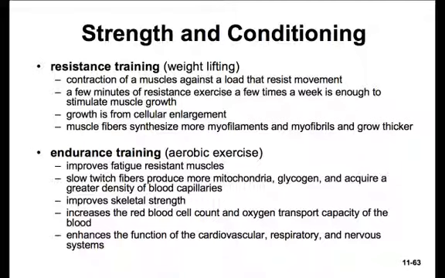Endurance training, such as jogging and swimming, improves the fatigue resistance of muscles. Slow twitch fibers will produce more mitochondria, be able to store more glycogen, and acquire greater density of blood capillaries. This improves our skeletal strength in general. We'll also see adaptations in the circulatory system.